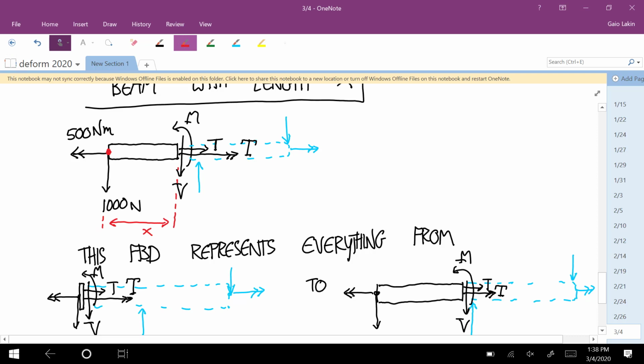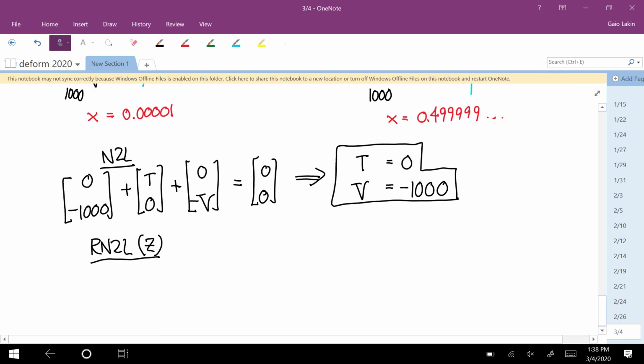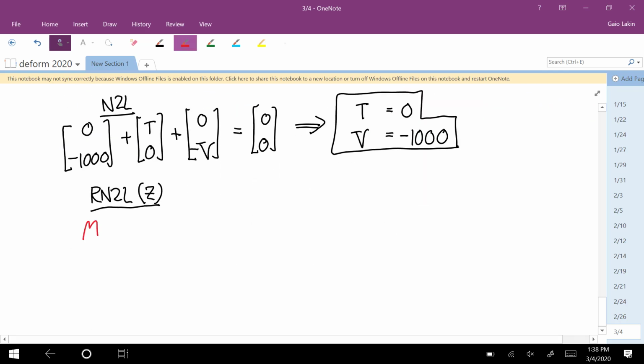The only things that do are the M and the V. And so we have plus M minus Vx is equal to 0. We know what V is, so this tells us that M is equal to negative 1,000 x, because M is equal to Vx and V is negative 1,000.